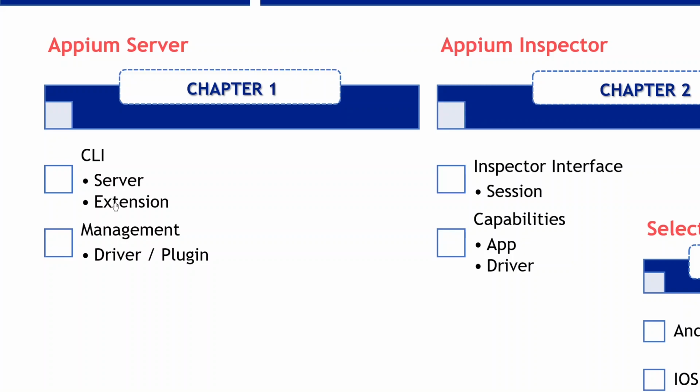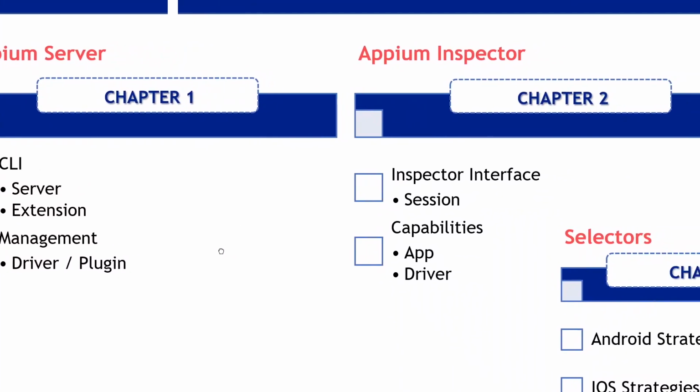A few commands are related to the server, and a few are related to the extension, which we call a driver and plugin. How to install and uninstall them, and the management of drivers and plugins, they have given. Once you install, periodically you need to check what updates are available in the release documentation.